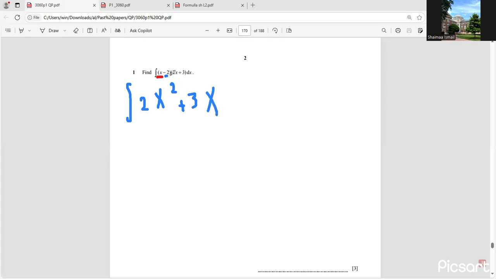Then the blue one: negative 2 multiplied by 2x is negative 4x, and negative 2 multiplied by positive 3 is negative 6.